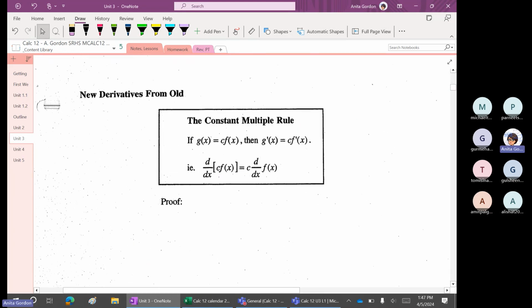All right. Rule number 3 is kind of a combo rule of what we've already talked about. If we have a function that is being multiplied by a constant, the constant can be pulled out of the equation if it's being multiplied. If it's being added or subtracted, the constant goes away.